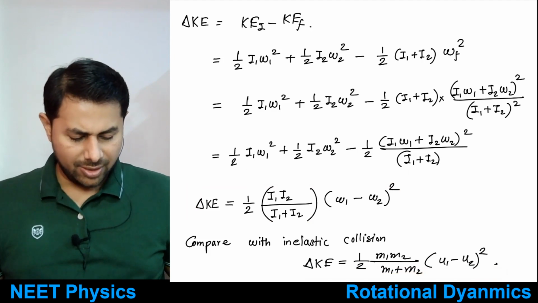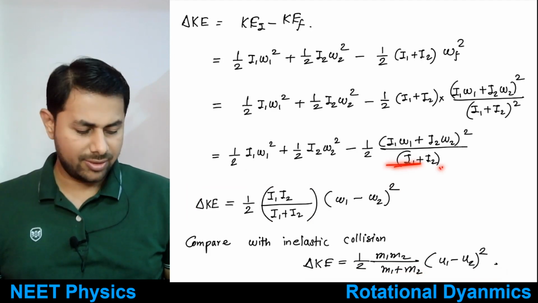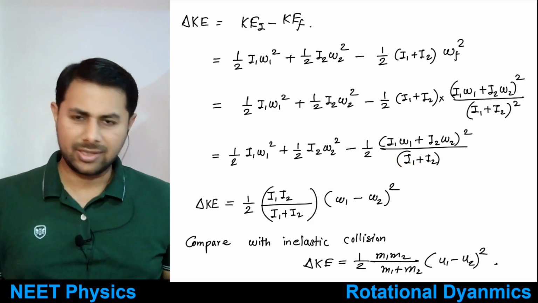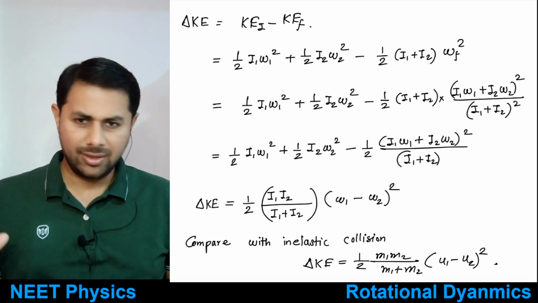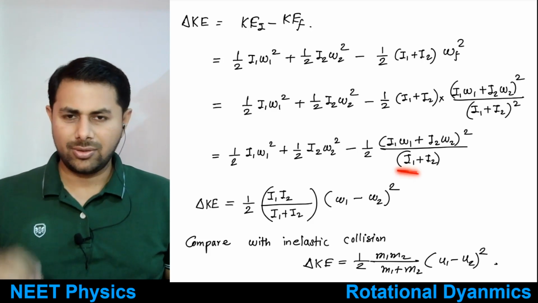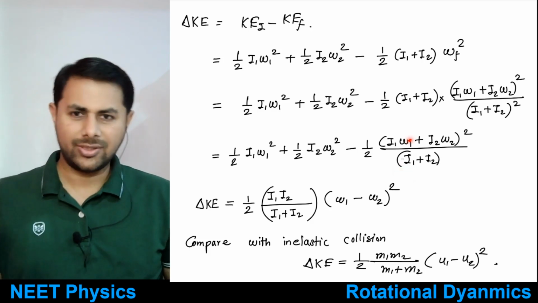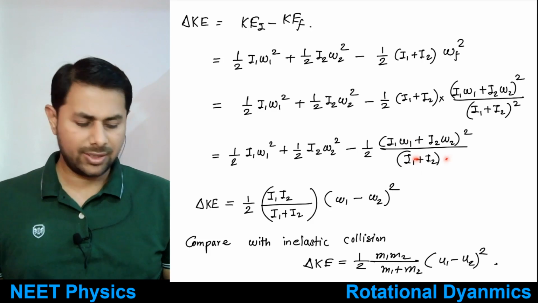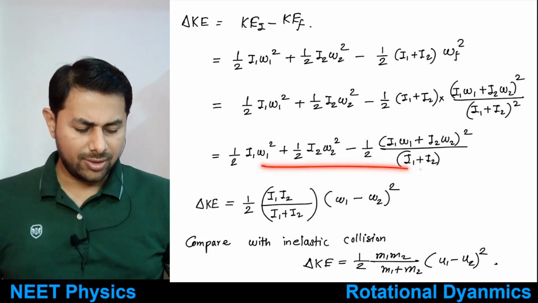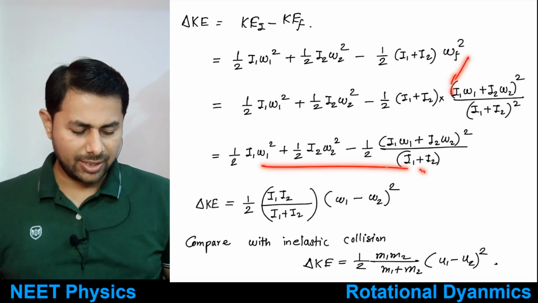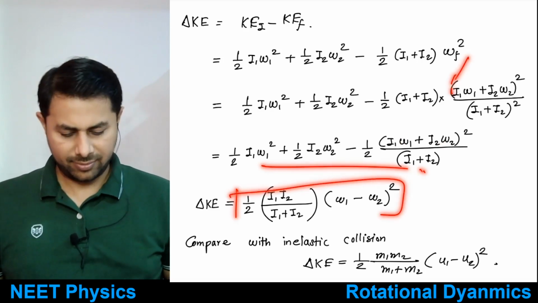We have seen this calculation in case of inelastic collision, so if you just change mass to the moment of inertia and linear velocities to angular velocities, you can follow those steps and get this final answer.